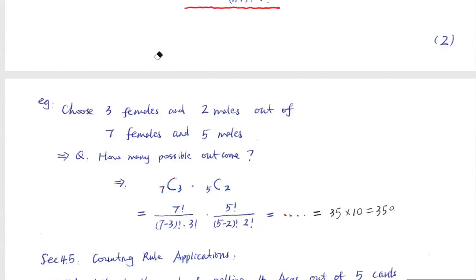So the 350, that's the total possible outcomes. Now the answer is there are 350 total possible outcomes.